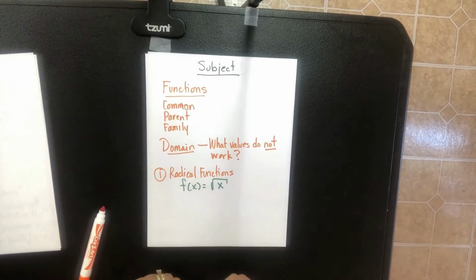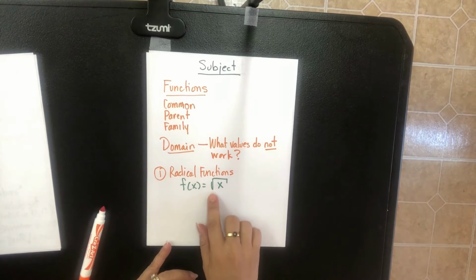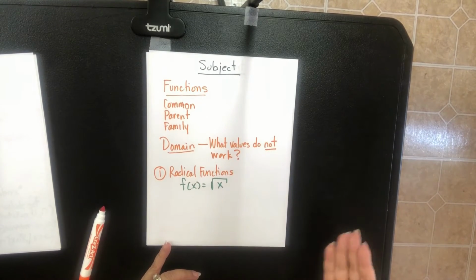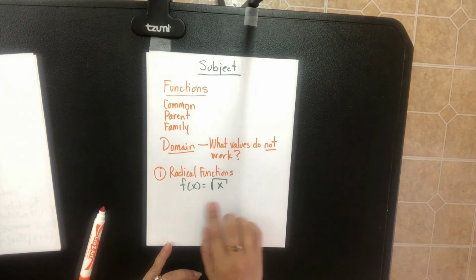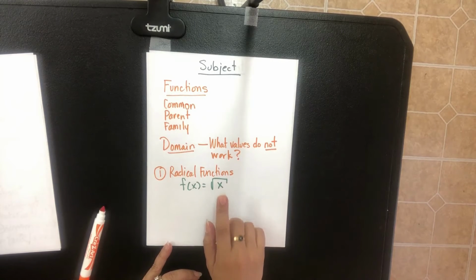They have a radical, not just any radical, because the cubic function, that's a different story, but the square root or any even root, you're going to have an issue. Why? Because in the reals, it doesn't make sense to take the square root of a negative number. In the real number system, not the complex, that's a different story. But in the real number system, it just doesn't help us to take the square root of a negative number.